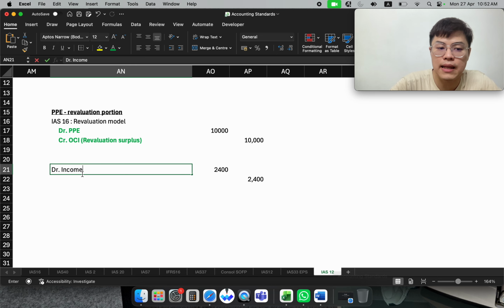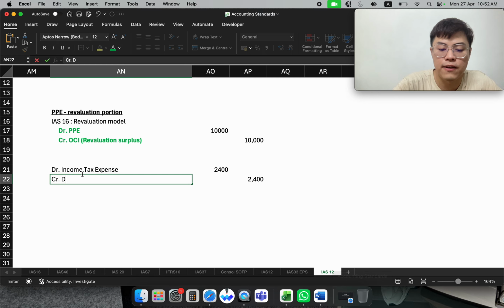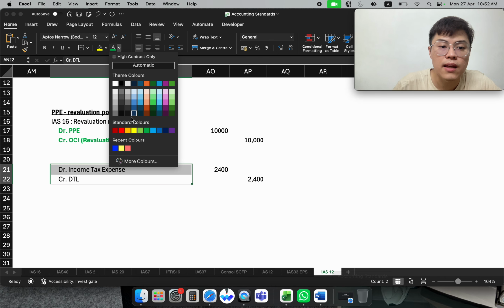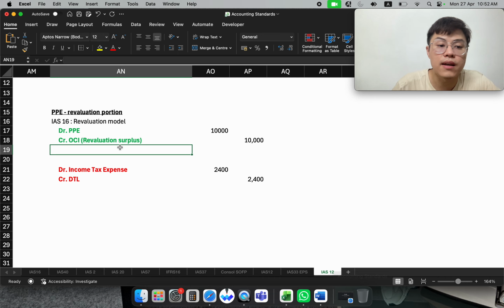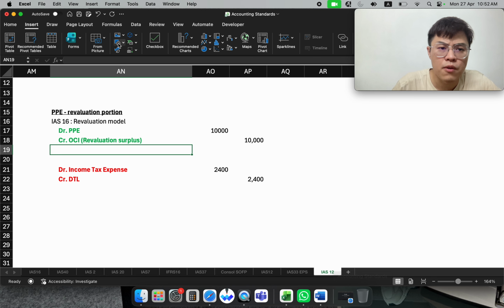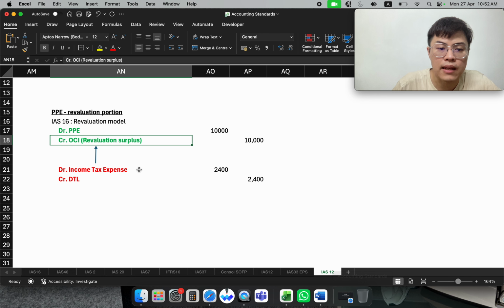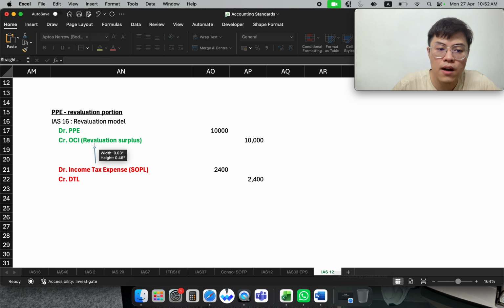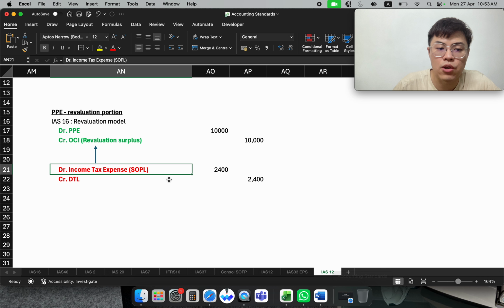You cannot debit income tax expense and credit your deferred tax liability straight away. You cannot do that, because you are actually recording the income in OCI. This is in OCI, this is in SOPL. If you do that, your earning is in OCI, but your tax related to such earning is in SOPL, there will be a mismatch.